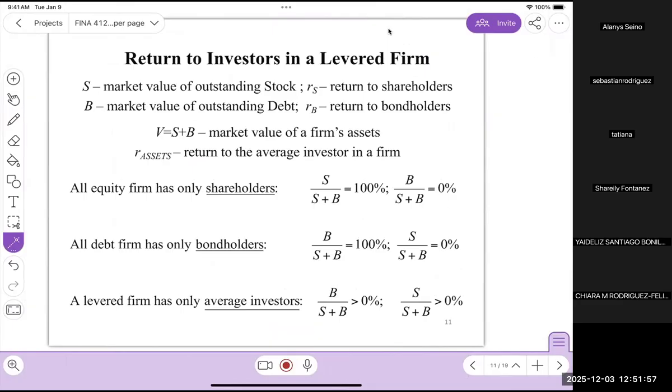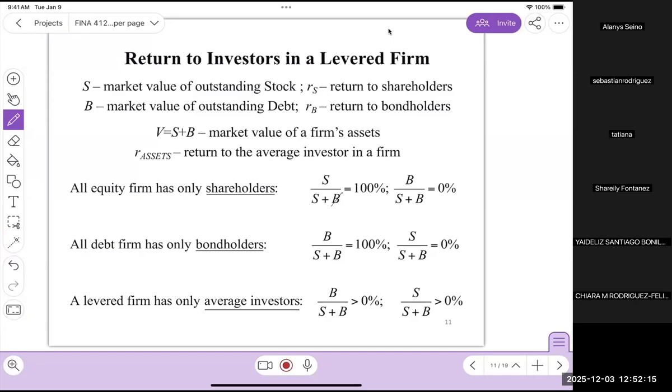an all equity firm. The share of stock in a 100% equity firm is going to be 100%, right? Because there's no debt. Debt is zero, so it's just S over S, which is 100%.